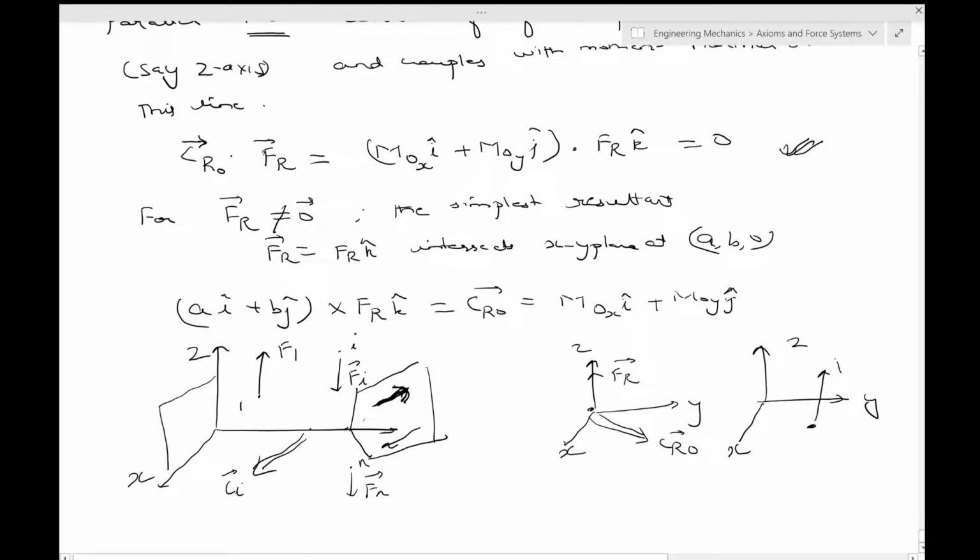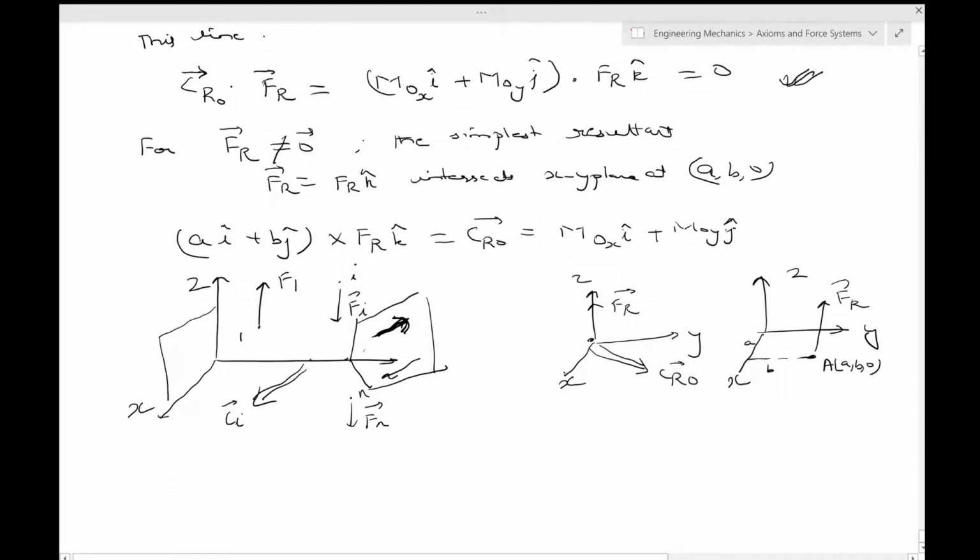So if you want to find FR, you have A, you have B, you have this point which is A comma B comma C. Okay, and B would be equal to MOX by FR.